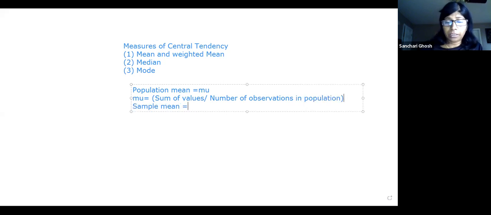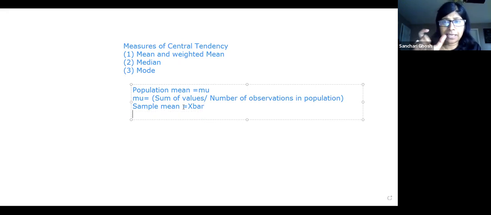Sample mean equals, we call it the sample statistic, sample mean X bar. So we call it X bar here in this chapter. There's a different name in another chapter. We use s as the sample statistic and as the standard deviation for the sample.